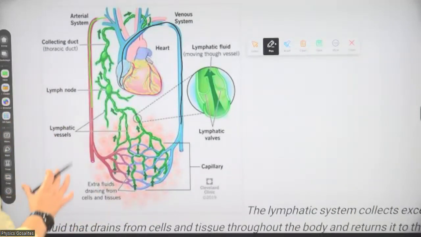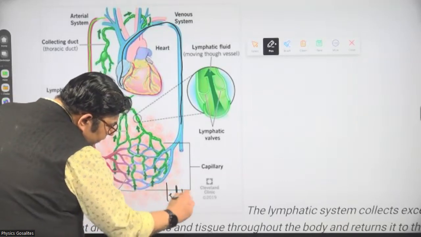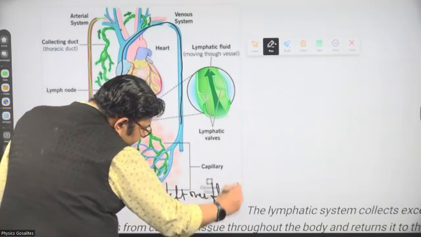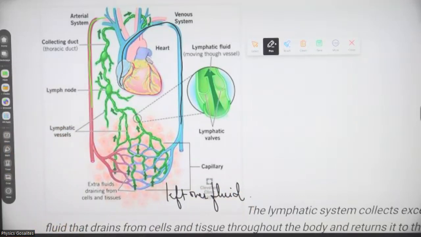But there is some leftover fluid. If that leftover fluid does not return back to the blood, we will lose a considerable amount of proteins and a considerable amount of WBCs, which provide us immunity, and of course fluid.